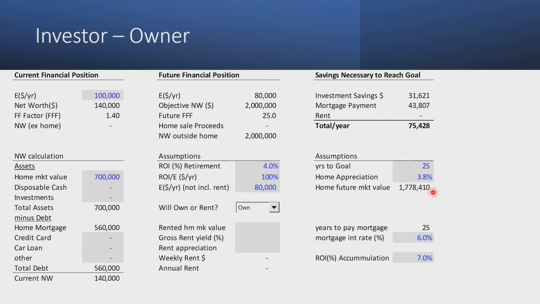So this person in fact will be accumulating $2 million outside the home by saving this $75,000 and investing it, and then 1.8 million in his house by paying this mortgage.